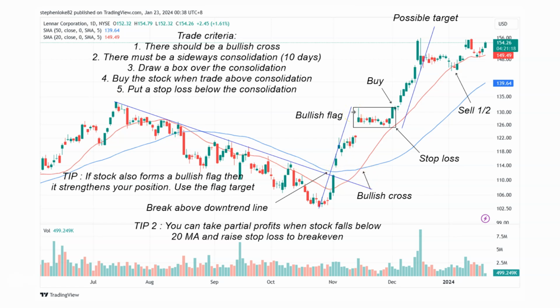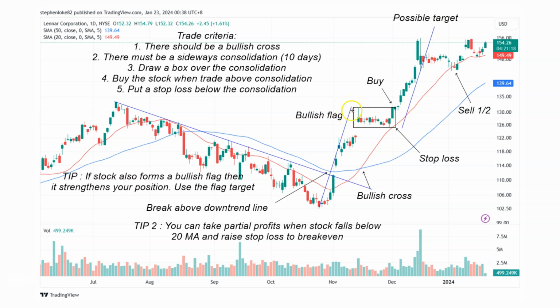And as the stock formed a bullish cross and a consolidation, the stock was actually forming a bullish flag. This is a bullish continuation pattern, and we can use the target from the bullish flag and project it upwards. From the flagpole here, we can project it higher to get a possible target.